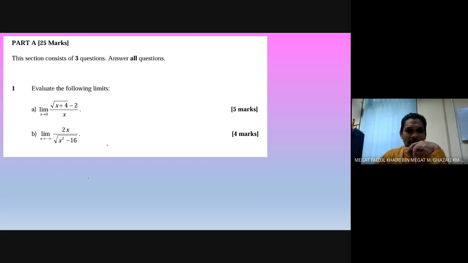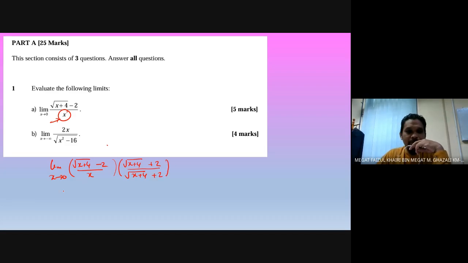Okay, so now class, the question of this limit x approaching 0, as we know that we are not allowed to directly substitute the value of x equal to 0, since it will spoil the whole question here. So what we can do now is limit of x approaching 0 of square root of x plus 4 minus 2 divided by x, and we multiply this with the conjugate, which is square root of x plus 4 plus 2 over square root of x plus 4 plus 2.